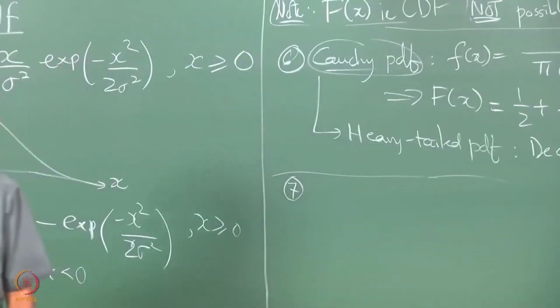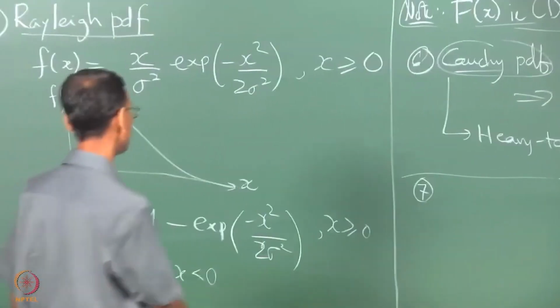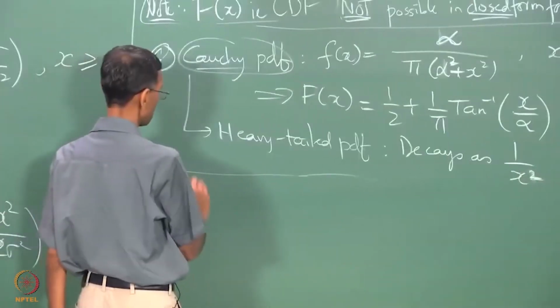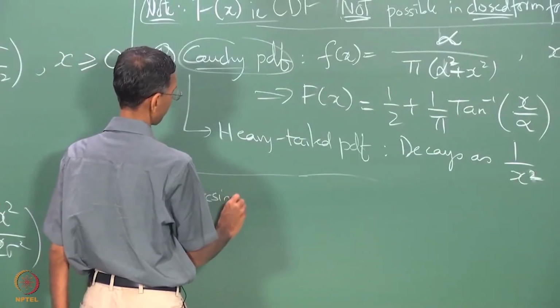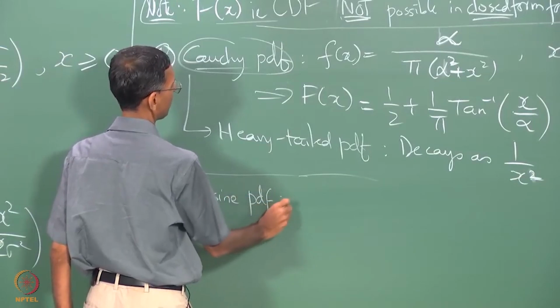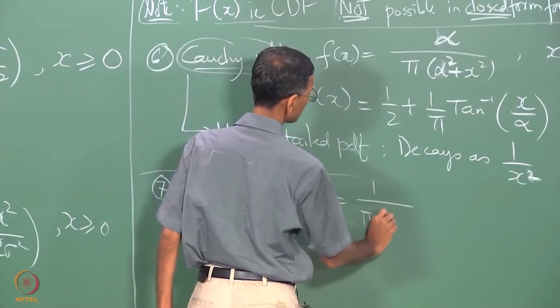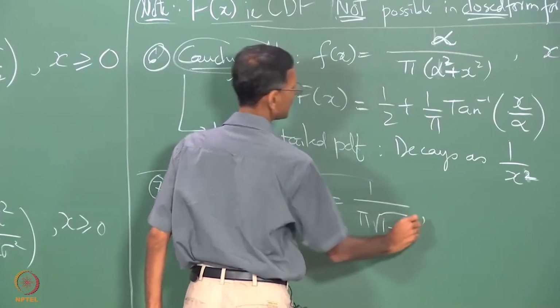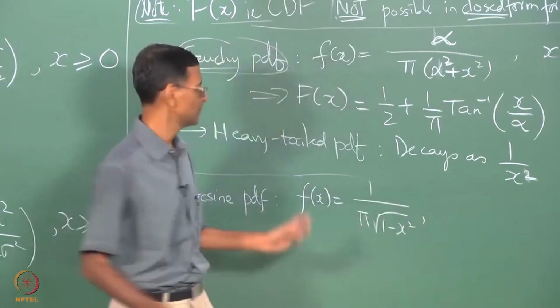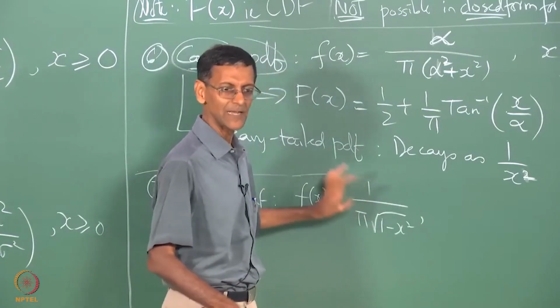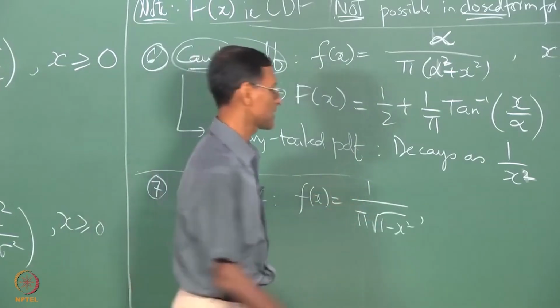One more interesting example, I promise not to go any further than this, is the so called arc sine PDF. You might wonder where this thing might occur. We will actually derive and find a real life example of where this can in fact occur.